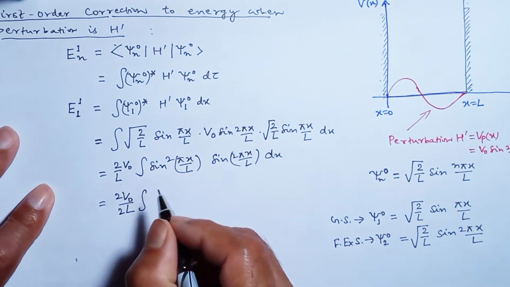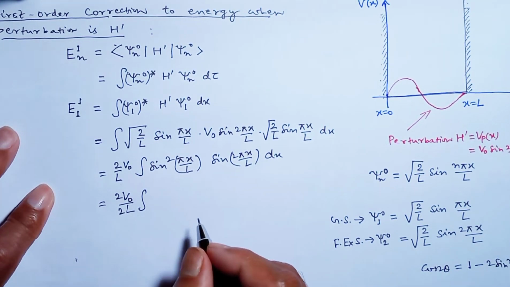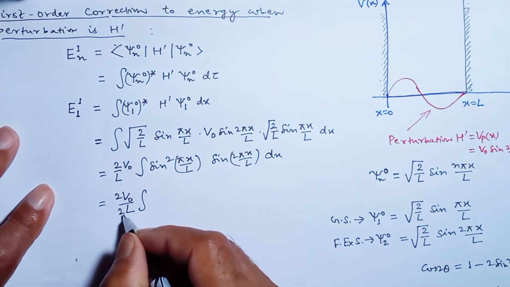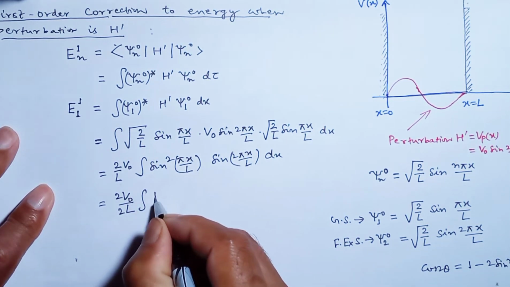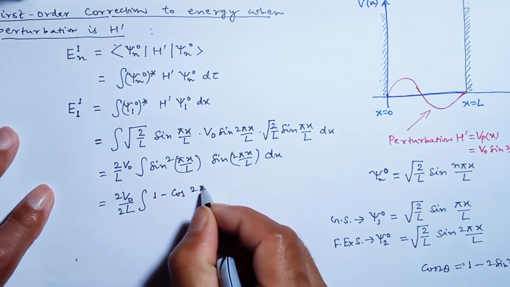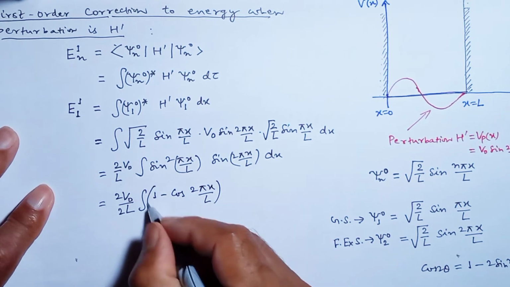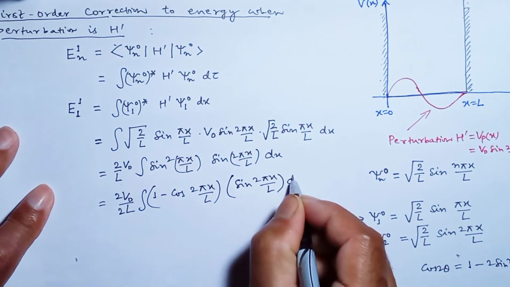In place of 2 sin square theta we will write, because cos 2 theta equals 1 minus 2 sin square theta, so 2 sin square theta equals 1 minus cos 2 theta. As we have divided by 2, so it is 2 sin square theta, that is 1 minus cos 2 theta, 2 pi x upon L, multiplied by sin 2 pi x upon L dx.